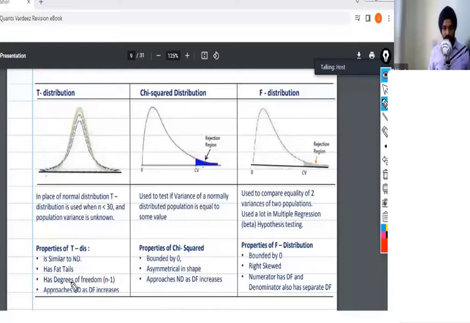Now, there's a concept of degrees of freedom, which is actually used in hypothesis testing. But for now, if you don't know what that is, it's just the freedom that is allowed if we have 10 variables or 10 things.